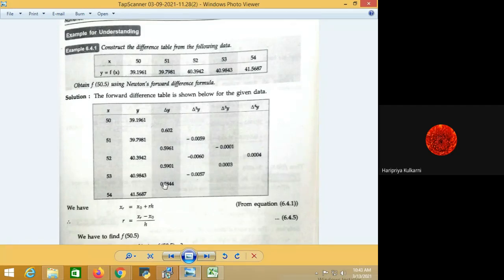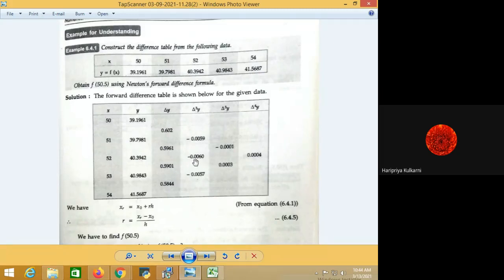Similarly, we'll find delta square y, following the same procedure. So it is 0.5961 minus 0.602 will give you this. This minus this will give you this. Similarly, this minus this will give you this. So this is how you have got delta square y. Now for delta cube, you will subtract this minus this.